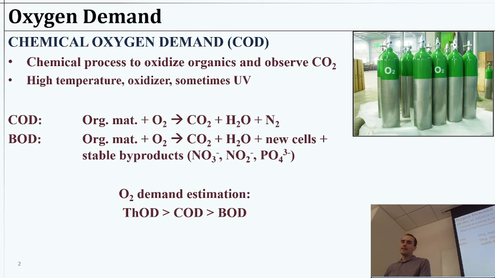So a second method called chemical oxygen demand, it's not quite that theoretical. Rather than taking the theory and writing it all out, here we just take a chemical reaction and essentially cause as much oxidation as we can with a really strong acid, really strong oxidizer, and sometimes ultraviolet light and high temperature to promote this combustion as thoroughly as we possibly can, and then observe how much oxygen is consumed.